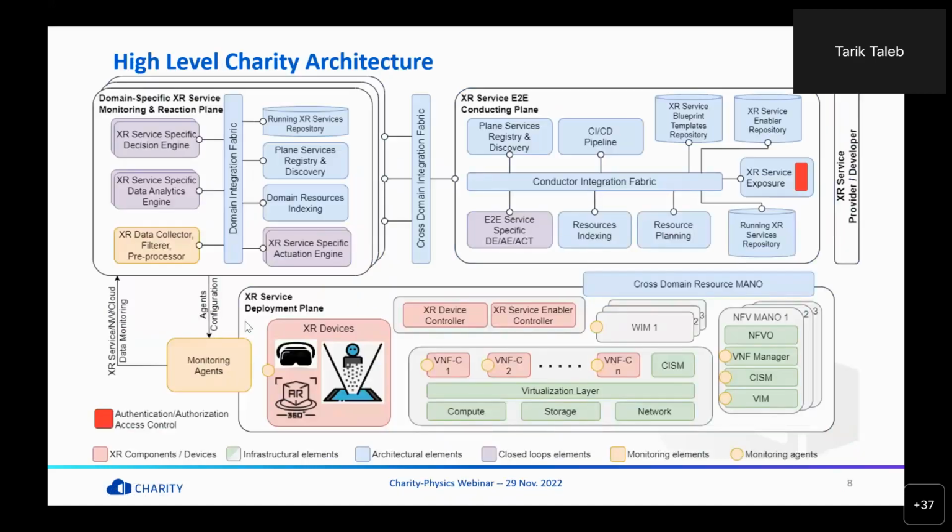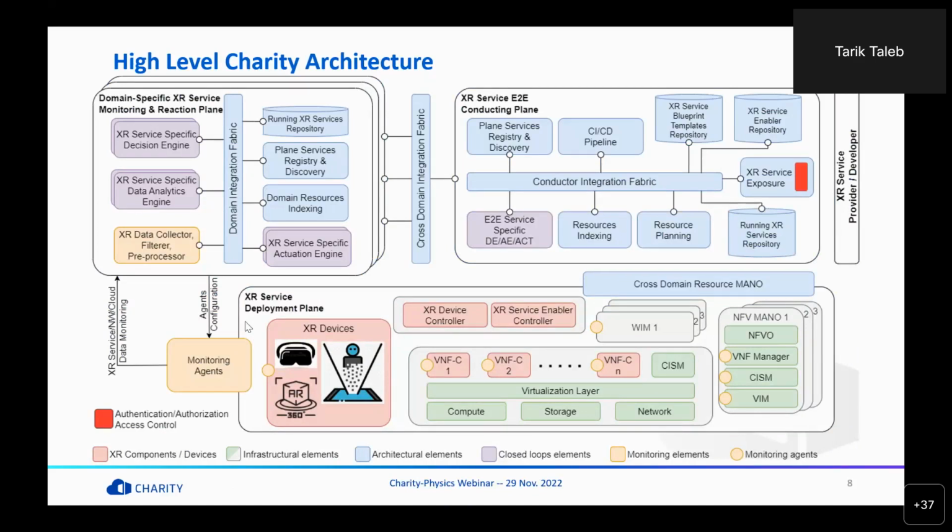And of course, if we want to go into a little bit more detail, then the architecture looks more like this. I'm not going to bother you with all the details about each component. But what I would like to highlight is that this architecture design has been the outcome of an extensive study of different architectural work, as well as different standards which are of relevance to Charity.